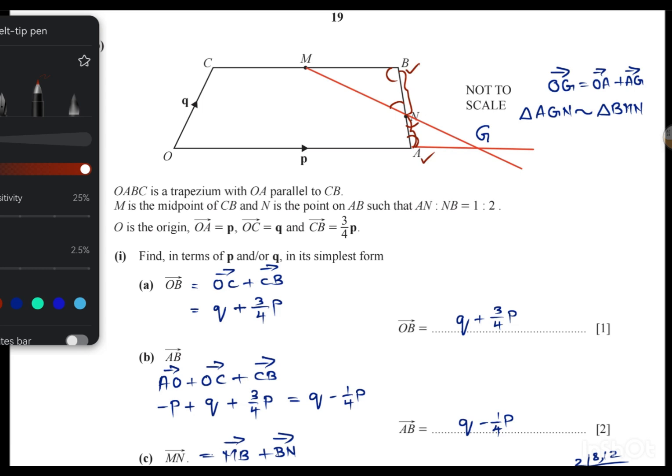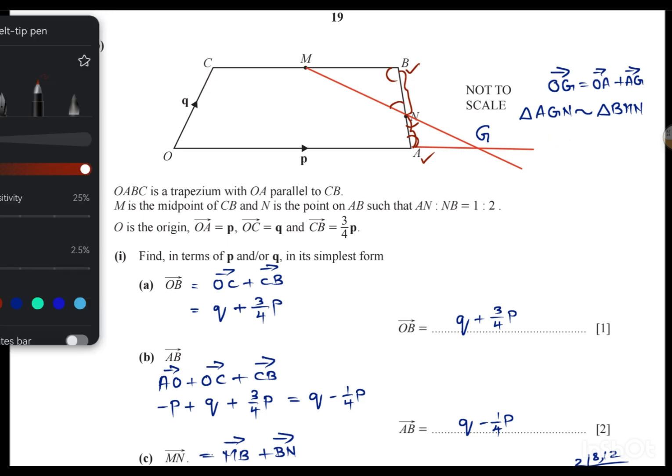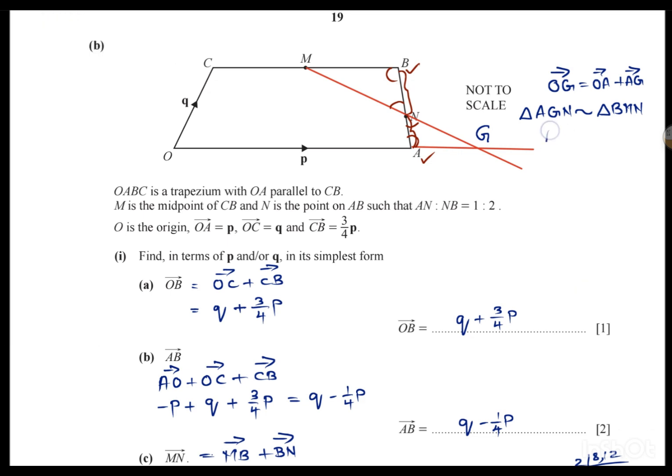So let us take those corresponding sides and include AG in it, because we need to find AG. So AG is proportional to BM, is equal to AN is proportional to BN.